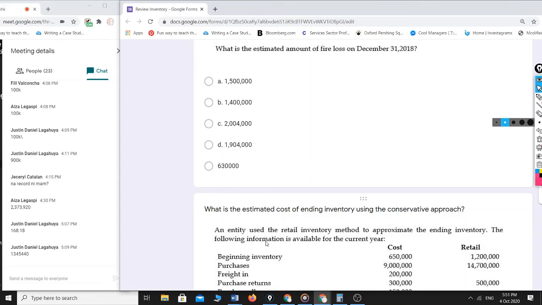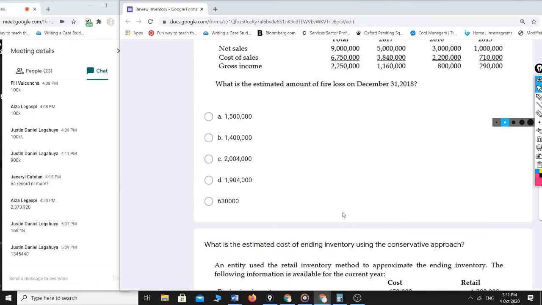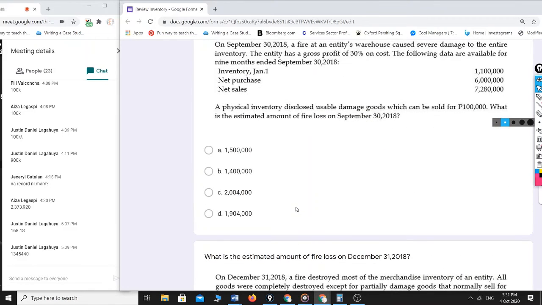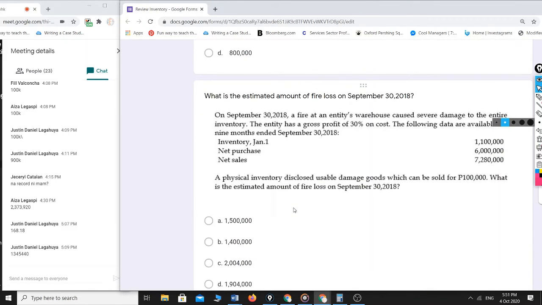The estimation, guys. This is estimation of inventory cost. Why is there a need to estimate the inventory cost? Because there are cases wherein the correct amount of inventory cannot be identified. That's why we have this estimation or inventory valuation method.